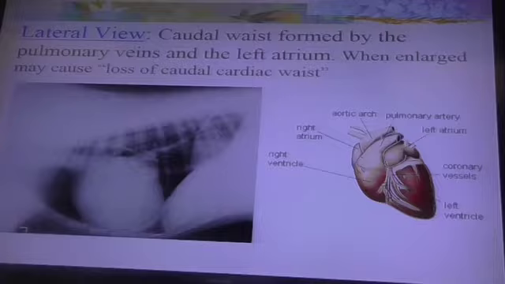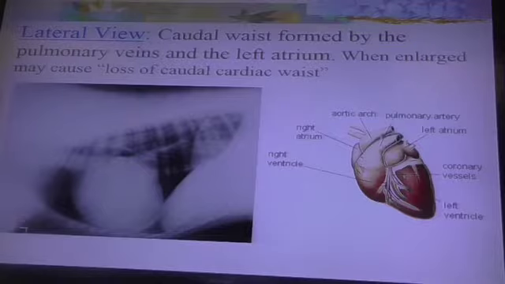Then you would say, well, what lives there? Whatever lives there, you can give it any differential that fits. So you could have enlargement of the pulmonary veins, enlargement of the left atrium, and sometimes enlargement of the left ventricle, because the left ventricle is located right ventral to the left atrium.